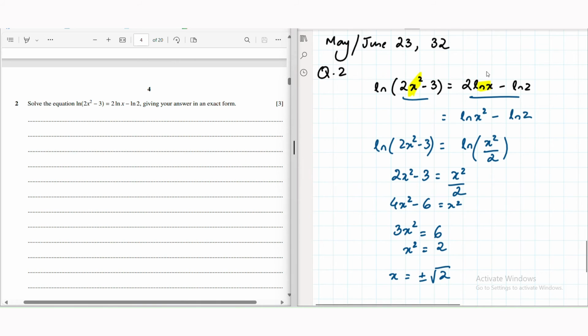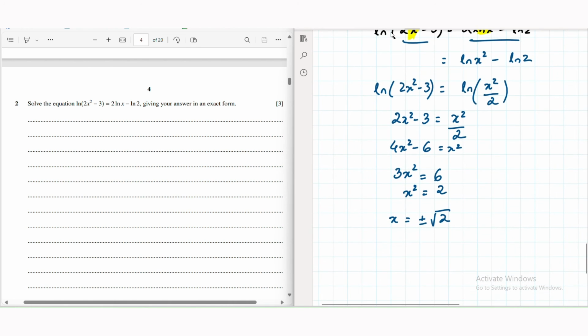But we cannot have the argument of the ln or log be either 0 or less than 0. So the negative answer would be discarded. So the final answer would be just the positive, and that's our answer in the exact form.